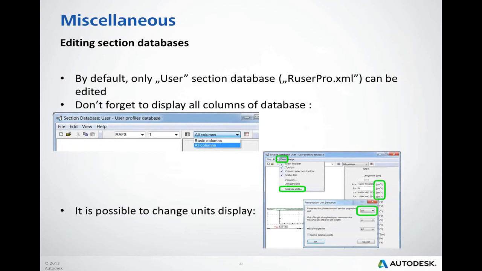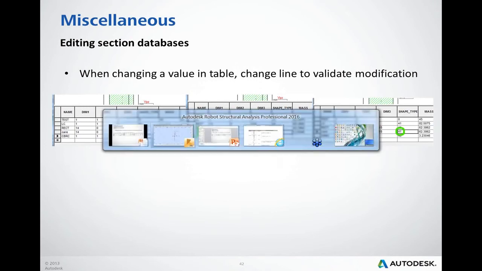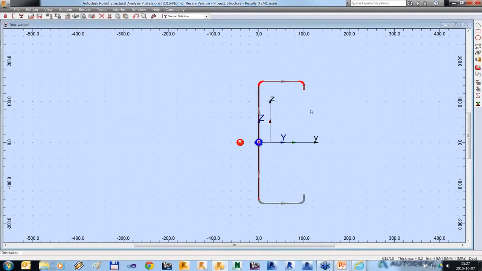Before editing, which means making any modifications, please display all database columns in the viewer and adjust the units display if needed. When changing a value in a table, change line to validate the modification, or press the Tab key on the keyboard to leave the cell. Let's go back to our model.